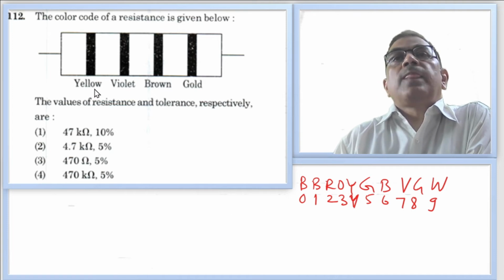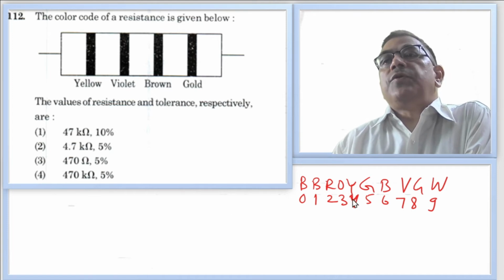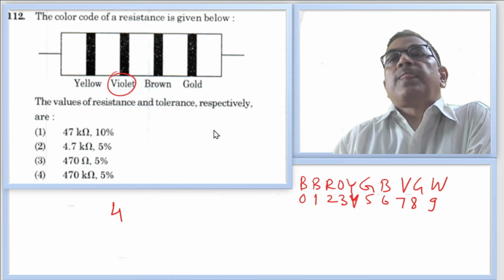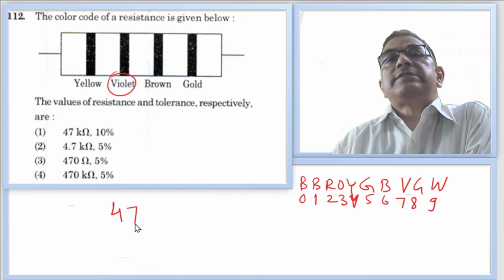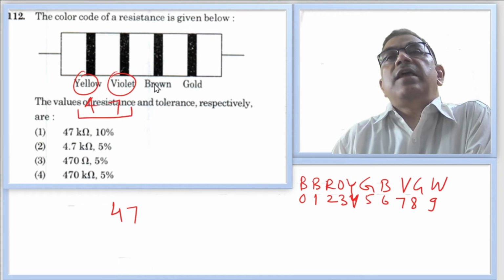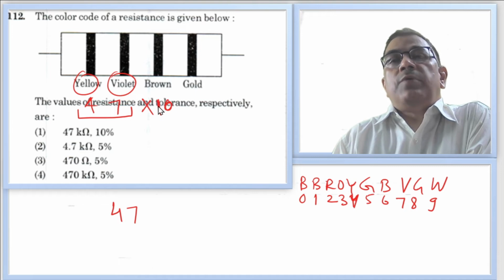So yellow is 4. Let's write this first 4, and violet is 7, write 7. This is 4 and this is 7. Together you need to read this as 47. And brown appears as the power of 10. So brown is 1.